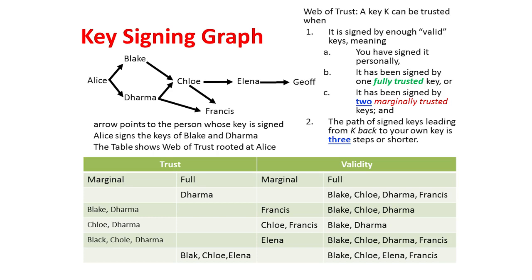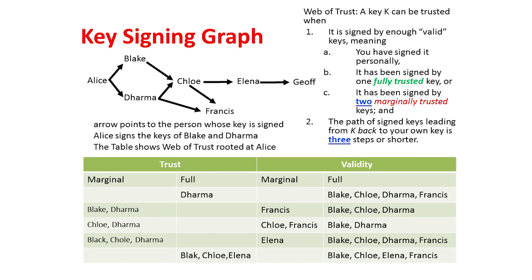Row number 2, Blake and Dahmer are trusted marginally. Since 2 marginally trusted keys are needed to fully validate a key, Chloe's key will be considered fully valid based on Rule 1C. Francis' key, however, will be considered only marginally valid because only one of his signers is considered to be trusted.